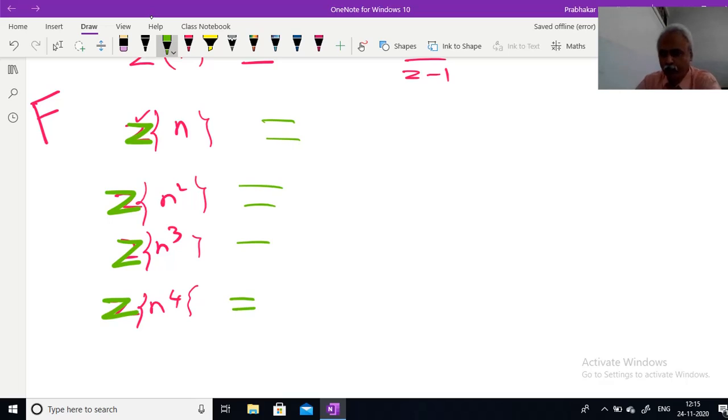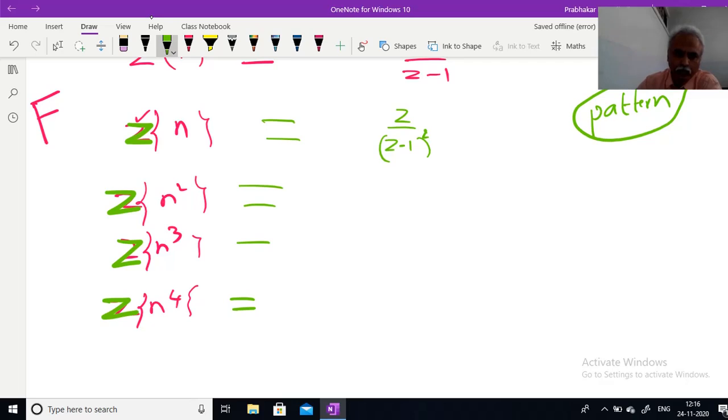So z of n, first of all, was z by z minus 1 whole square. Here you have to understand the pattern. Dear students, this word pattern is very important. Once we understand the pattern, our thinking process becomes a little faster.